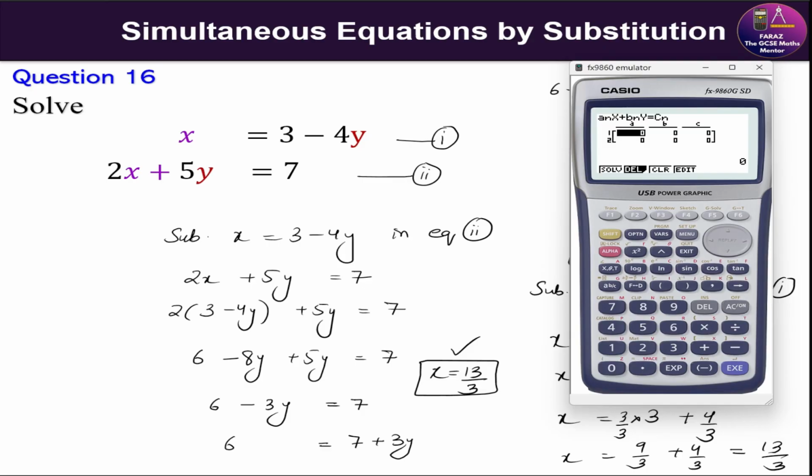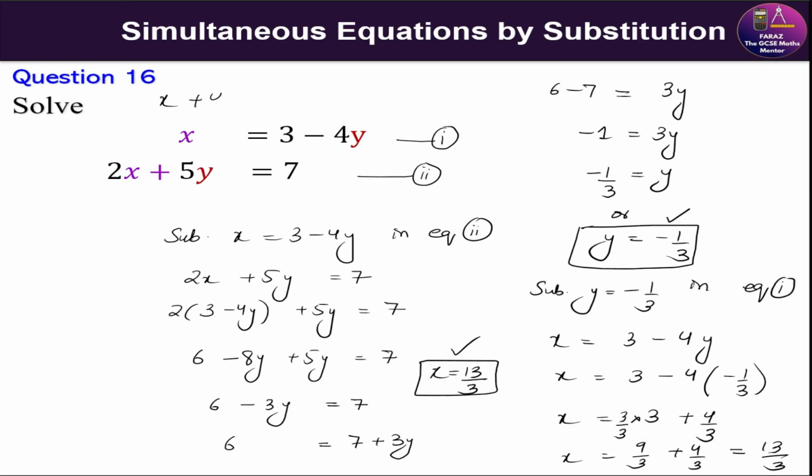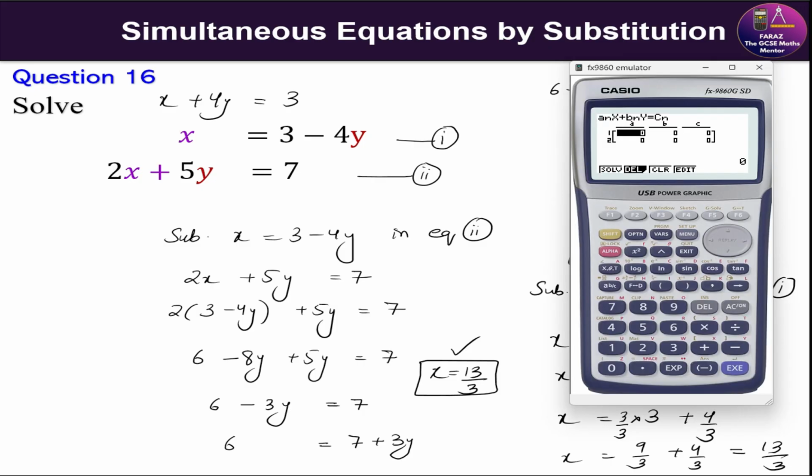So to do that, we will arrange it in this way: x plus 4y equals 3. Now we have to write the coefficient of x there, it is 1, and then the coefficient of y, which is 4, and then we have to enter 3 there, and then we have to enter 2, 5 and 7.